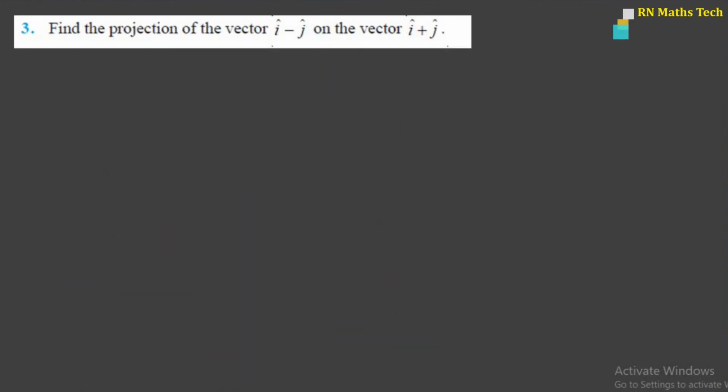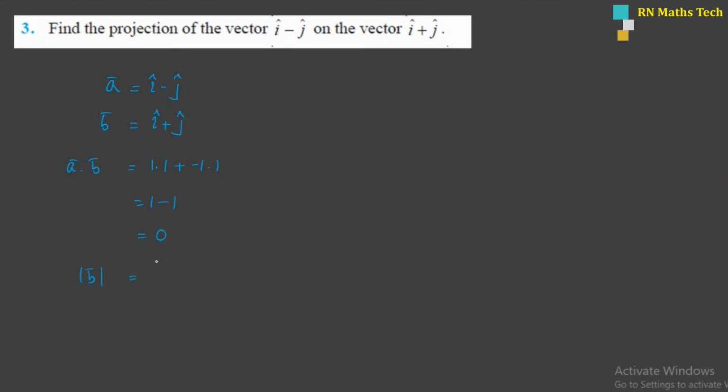Okay. Now question number 3. Find the projection of i minus j on the vector i plus j. Let a bar equal to i minus j, b bar equal to i plus j. A bar dot b bar is equal to 1 into 1 plus minus 1 into 1, that is 1 minus 1, 0.